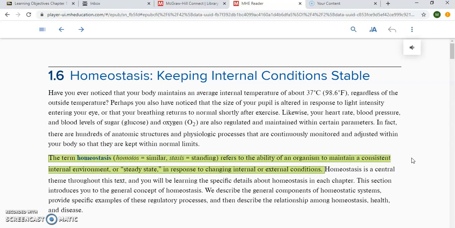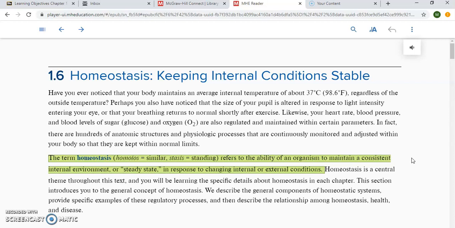We have control systems in our body that kick in if one of our conditions starts to go away from a set point or a normal range. These control systems come in and get it back toward the set point, or back into the normal range. Temperature is a good example, and it's what we usually use.